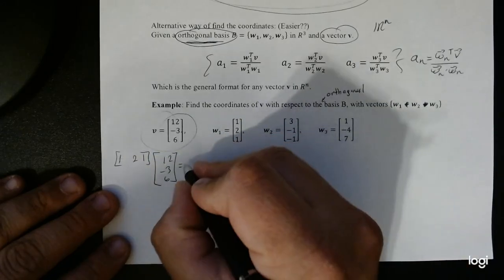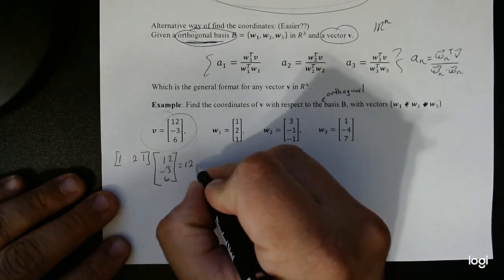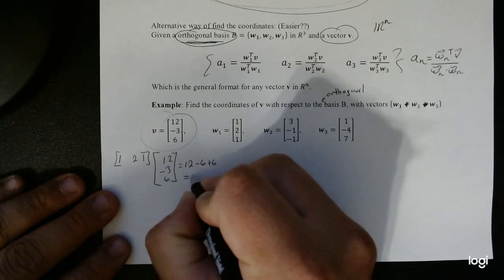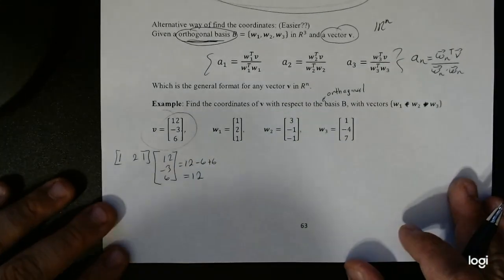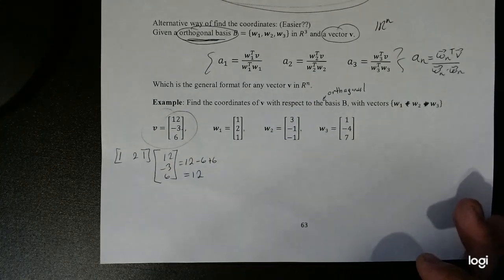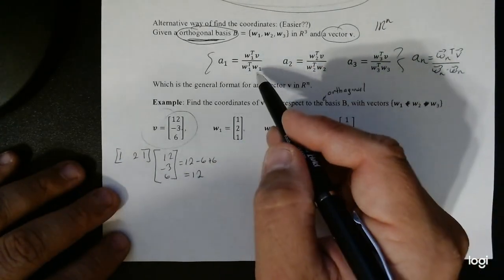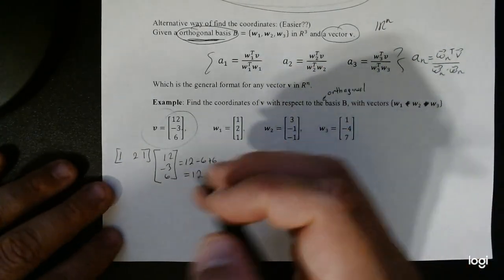So that times that gives you 12, negative 6, positive 6. So just 12 on top. So this is going to be 12 divided by the transpose of itself.